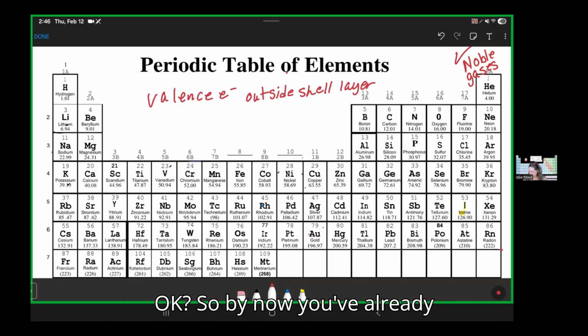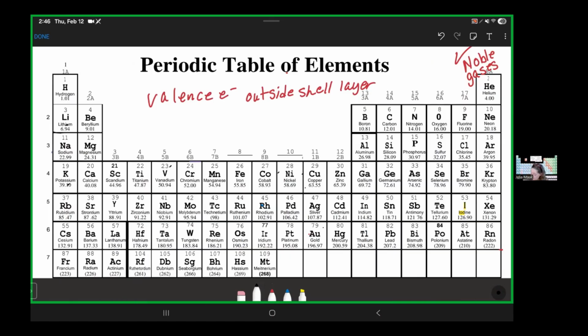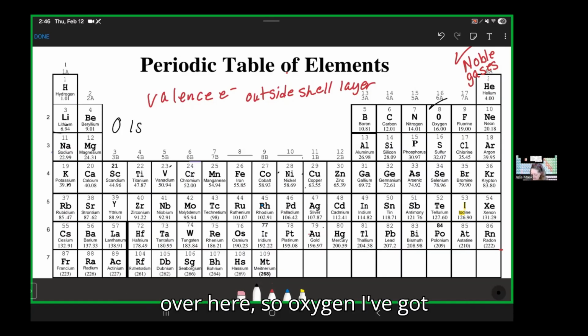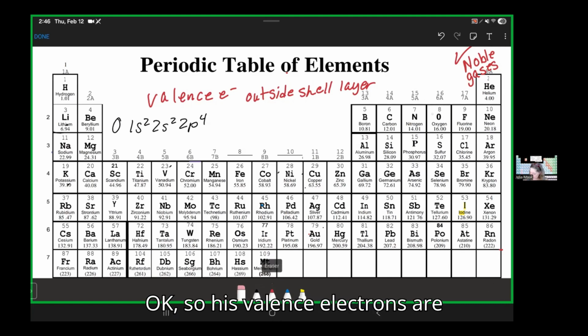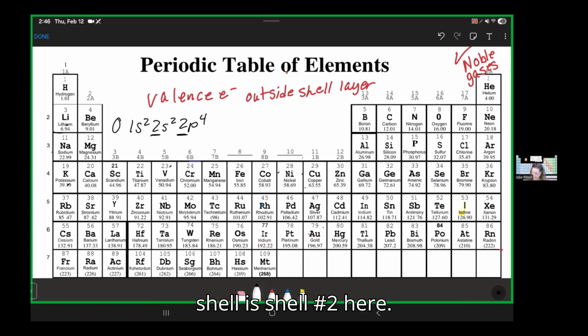Okay, so by now you've already done your electron configurations. If I were looking at the electron configuration for oxygen over here, I've got 1s2, 2s2, and 2p4. He's got 4 electrons in his 2p. So his valence electrons are the highest shell, and your highest shell is shell number 2 here.